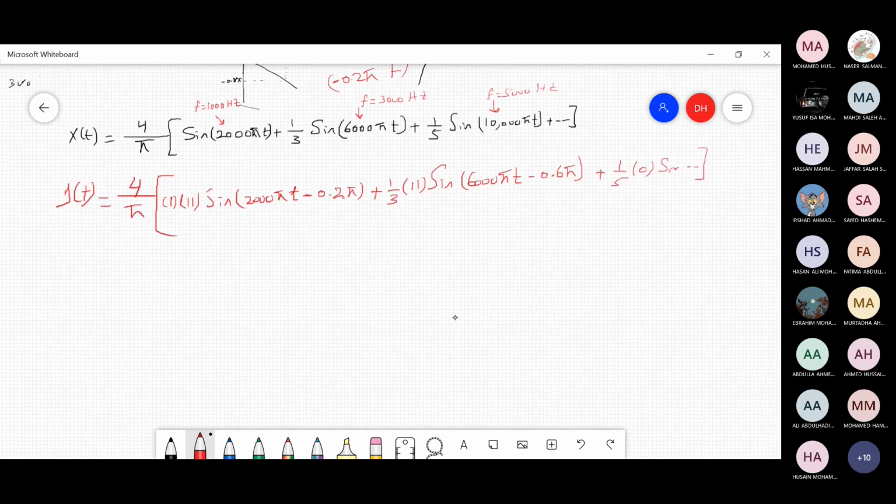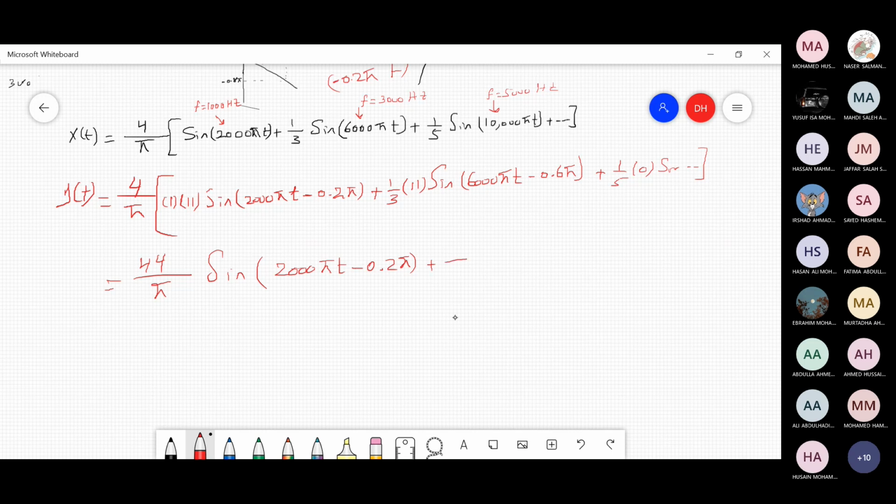So then we will have this. If I take 11 as common, it becomes 44 divided by pi. So from here, we have sine 2,000 pi t minus 0.2 pi.